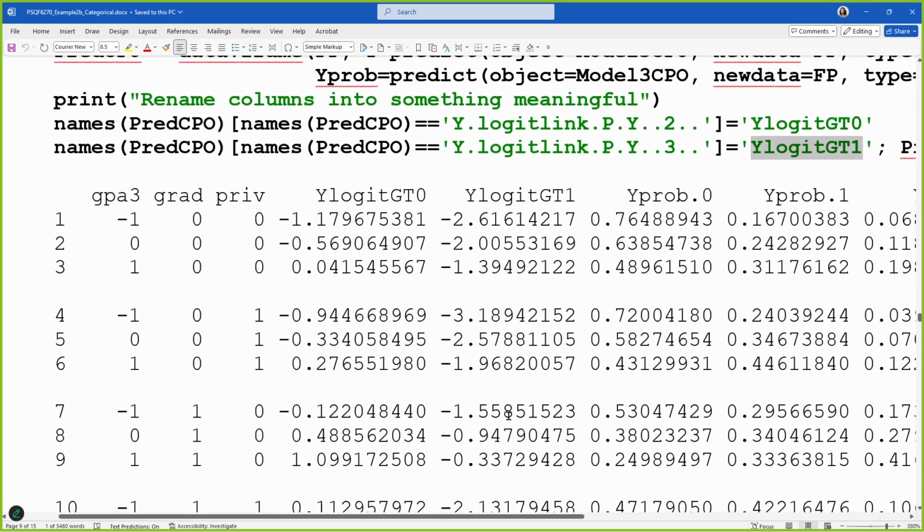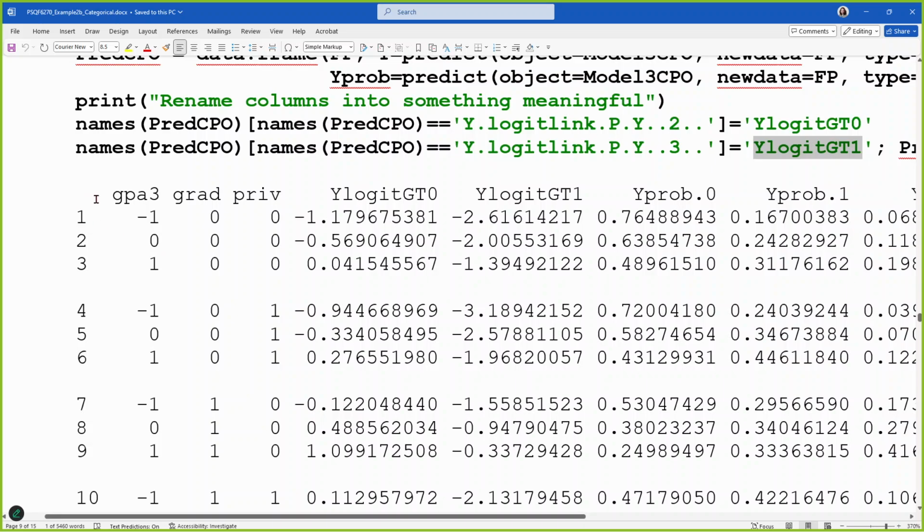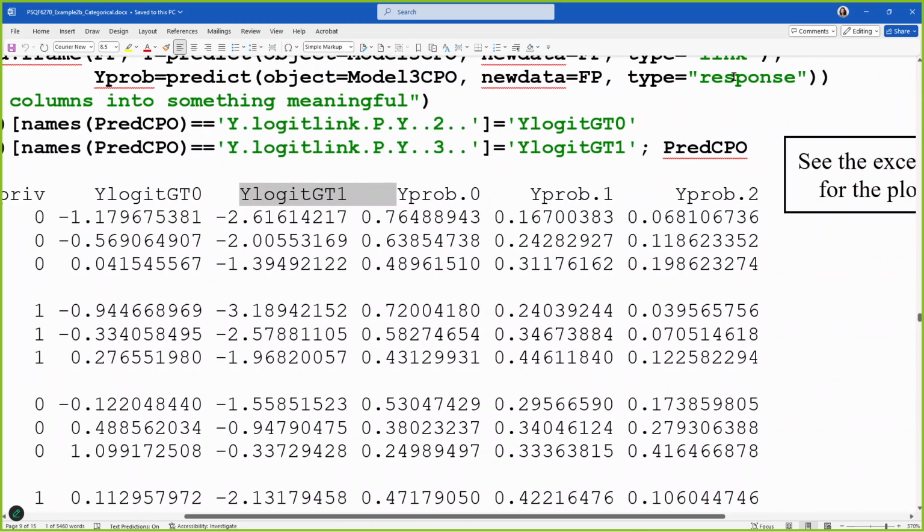So what results from this process is shown right here. Here are the values of my fake people. Here is their predicted logit of answering greater than 0. Here is their predicted logit of answering greater than 1. And then the type equals response part added these. This is a hell of a lot more interpretable. This is the probability of each answer choice.